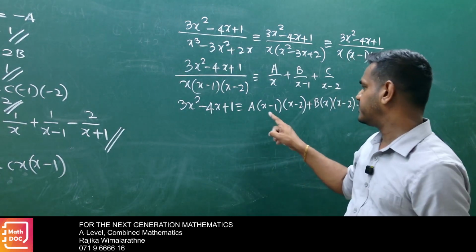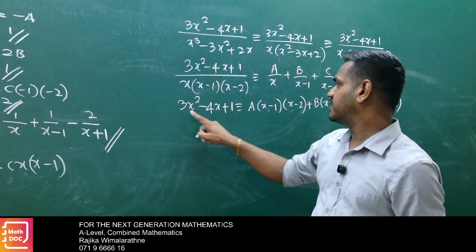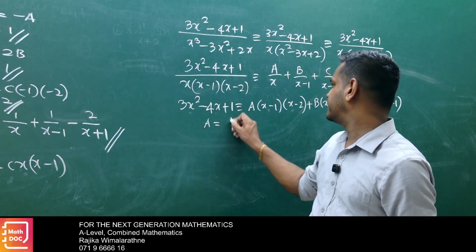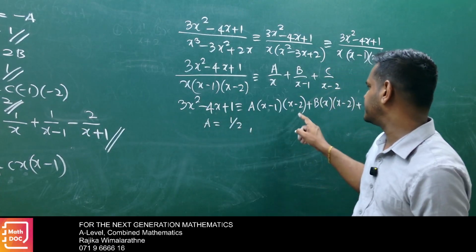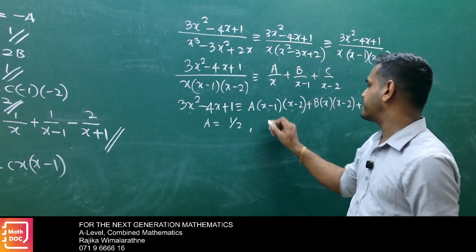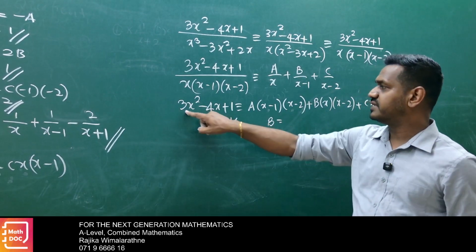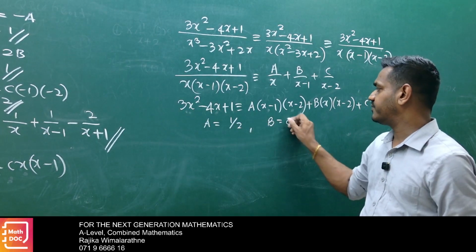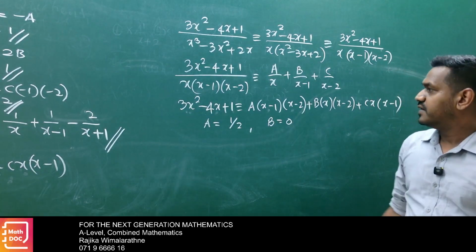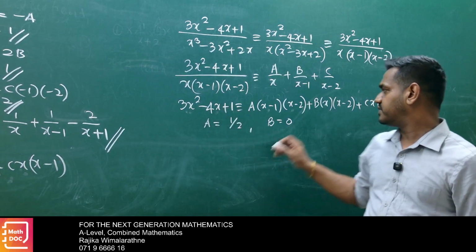Now substitute 0. Then a value equals 1 over 2. Substitute 1: b value equals 3 minus 4 plus 1, which is 0.